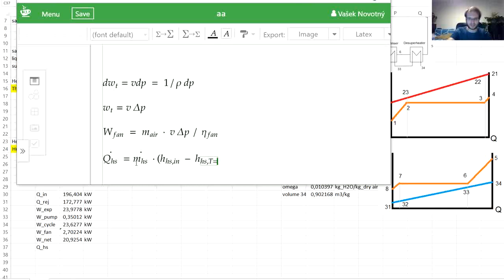So T equals T amb, like this. And also this state, at the ambient temperature, is sometimes called the dead state, and it's denoted with the subscript 0.